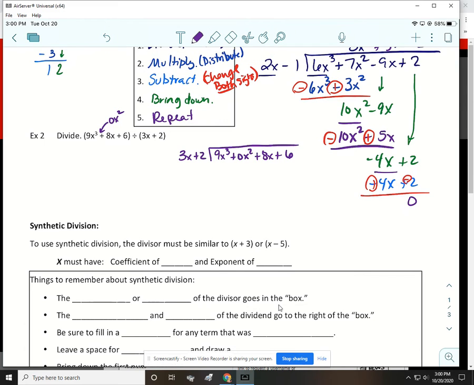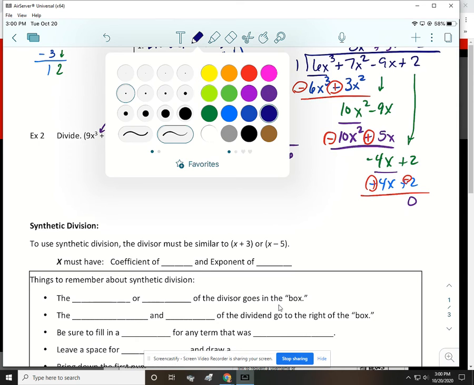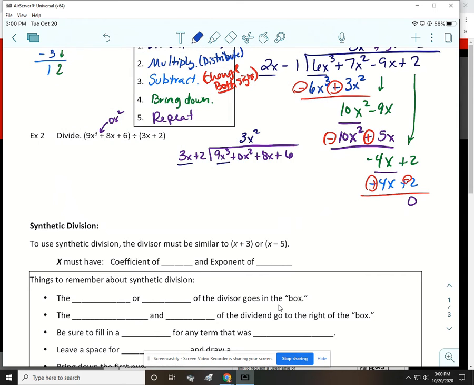Okay, so let's divide. So we're going to ask ourselves, what would you multiply 3x by to get 9x cubed? That's going to be 3x squared, and I would write that above my x squared term. Then I'm going to multiply 3x squared by 3x and get 9x cubed. Multiply 3x squared by 2, and that's going to be 6x squared.